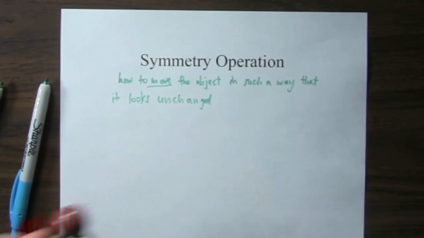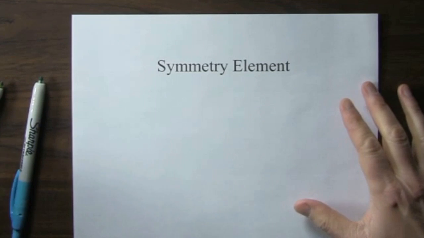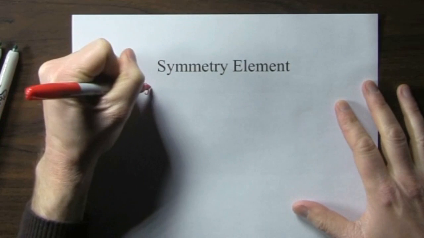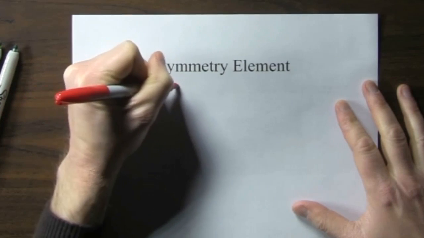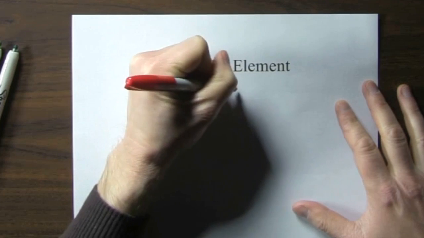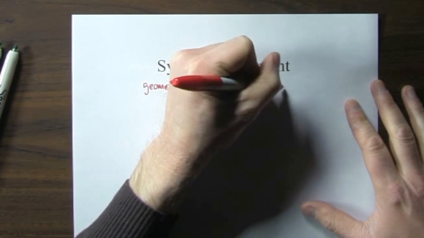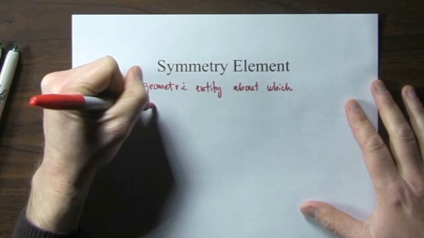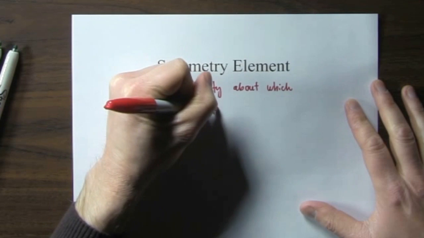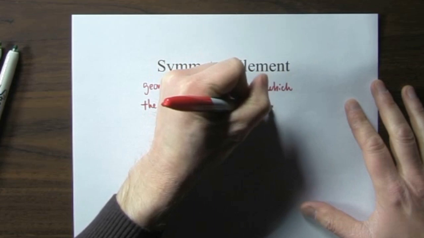Now the next vocabulary word is the symmetry element. The symmetry element is the geometric entity about which the symmetry operation takes place.